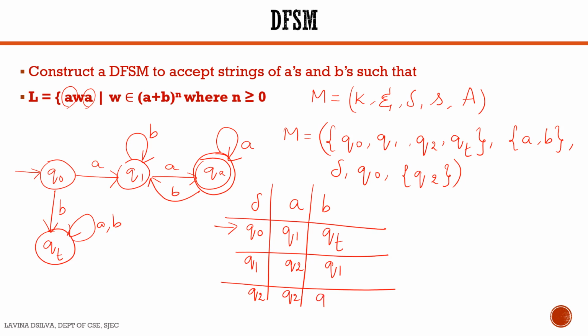But if it sees a B, it goes to Q1 state. And then we have a Q trap state. If the DFSM enters the Q trap state, then we remain in the Q trap state. Also, please note that even if you do not write this, it is okay.